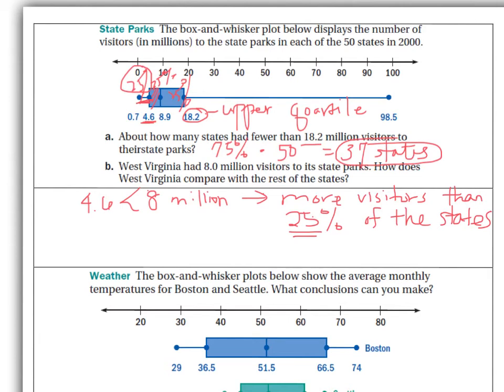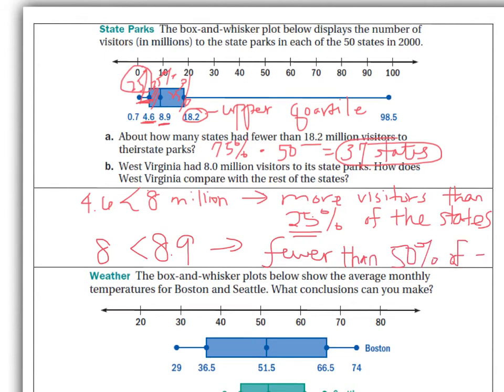On the other hand, since 8 is less than the median of 8.9, this means the number of visitors was fewer than 50% of the states.